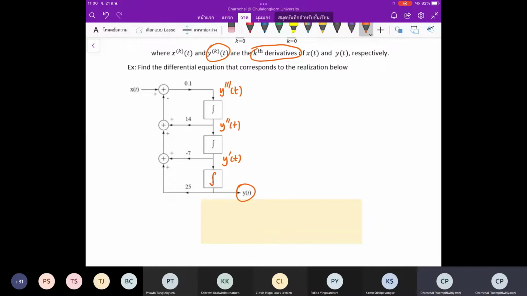And how do we write this one? According to the diagram at this point, how would you write it? This one multiplied by 25, so we get 25 yt here, and this one we get negative 7 y prime t here.